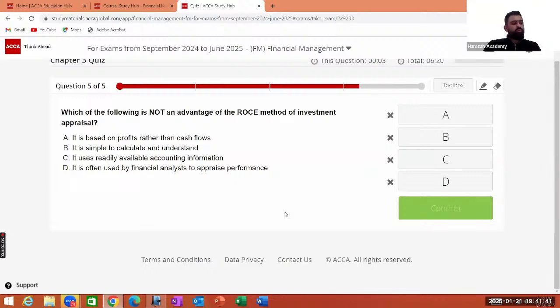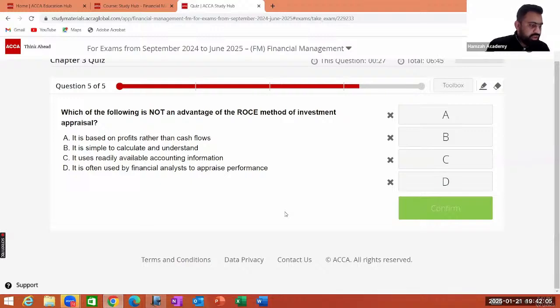Now, which of the following is not an advantage of ROS, method of investment appraisal? It is based on profit rather than cash flows. It is simple and understandable. It uses readily available accounting information.